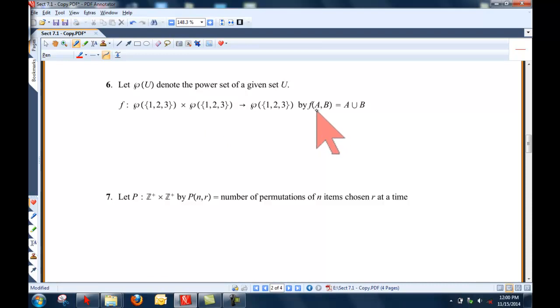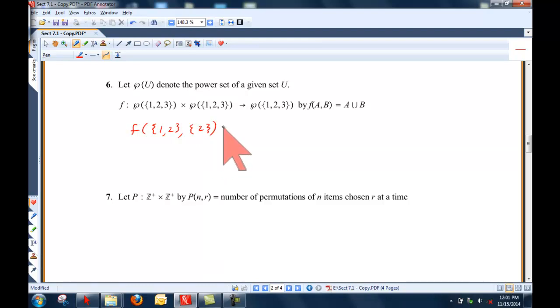What I want to do is take one set that I'm given, another set that I'm given, and take the union. So let's see. F of, and then a subset of {1, 2, 3} could be something like {1, 2}. And another subset of {1, 2, 3} could be like {2}.